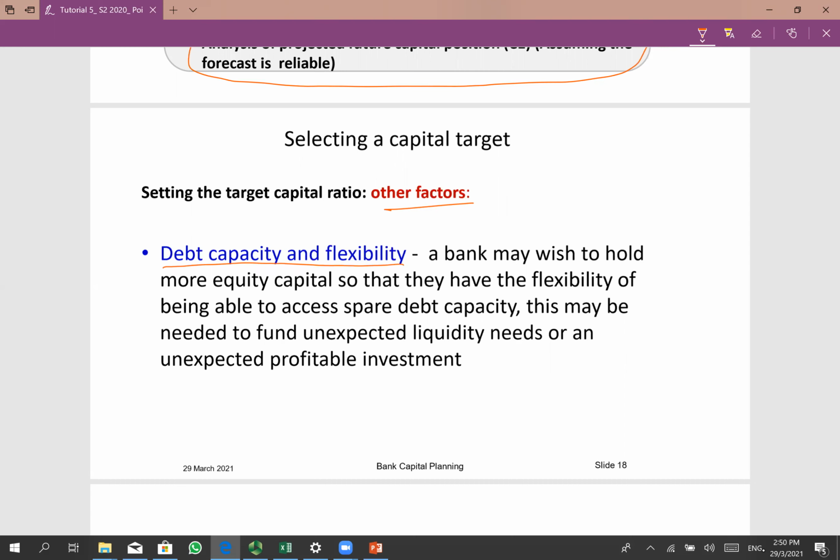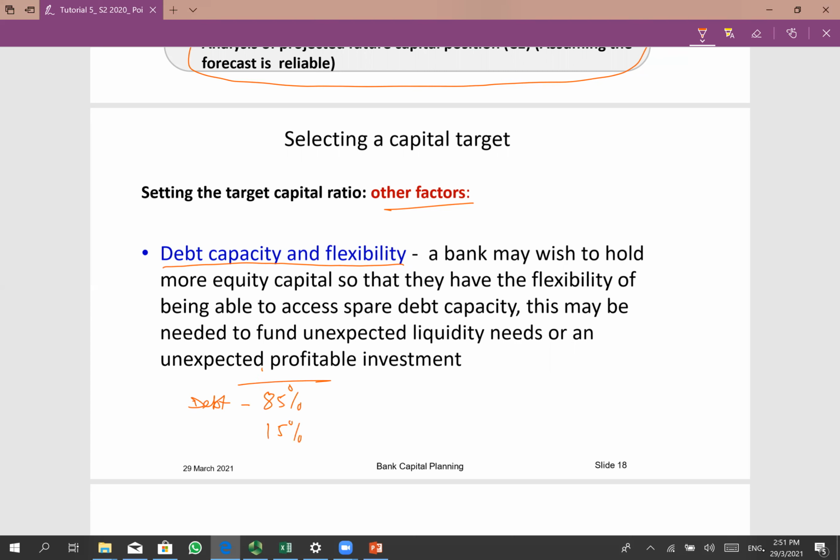Debt capacity and flexibility: a bank may wish to hold more equity capital, which means if my loan asset structure is now financed 85% debt, which is depositors' money, and 15% capital.